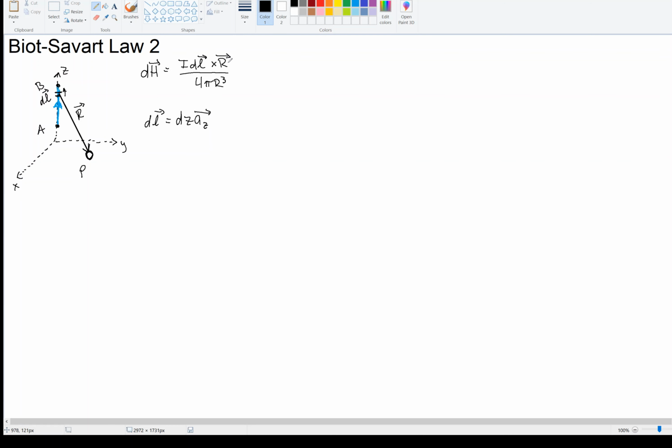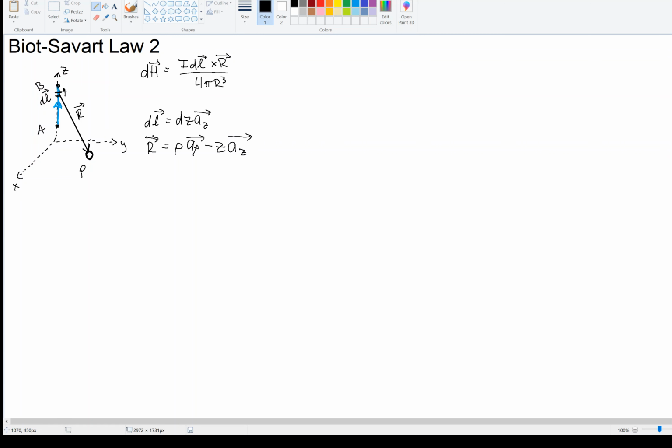And I'm also going to need radius vector r, so I can figure that out by starting at my infinitesimally thin segment and going to the field point, P. So notice if I do that, I have to go rho in the rho direction. That's nice because we oriented the wire on the z-axis. So I go out in the xy plane rho in the rho direction, and then I go down the z-axis by z.